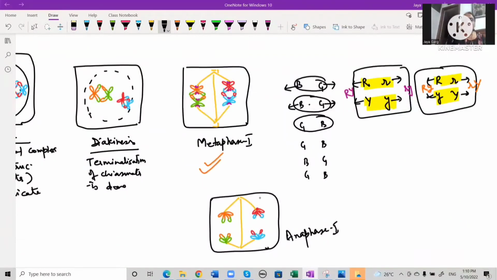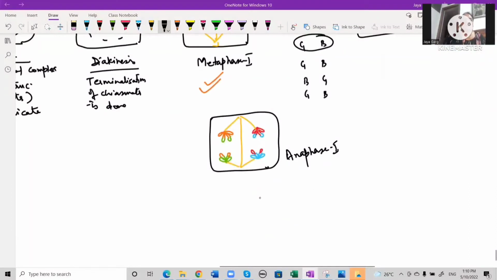Now it will enter into telophase 1. In telophase 1, I am directly drawing the 2 cells.